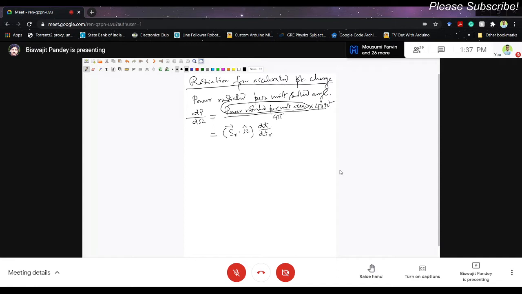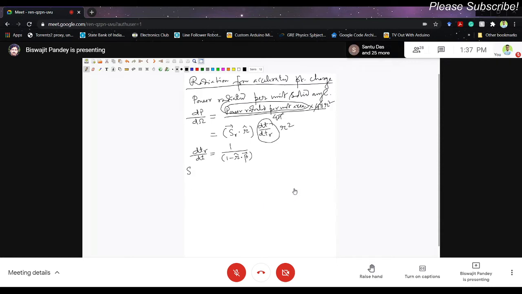You may remember these two different times. t is the time at the observer's location and t_r is the retarded time, associated with the point charge from where the radiation is emitted. If I multiply, 4π is not there, so we have just r² here. dt/dt_r was calculated in the last class, which was 1 minus r-hat dot beta.